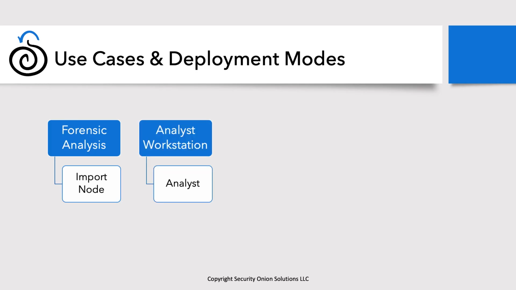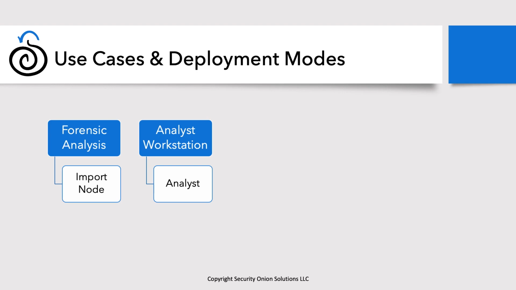Secondly is an analyst workstation. Now, when you are working through an incident and you're possibly having to actually pull out a packet capture or work with a binary in some way, obviously you want to be very careful that you don't infect the underlying workstation that you're using. That's why we provide a deployment mode that is an analyst workstation.